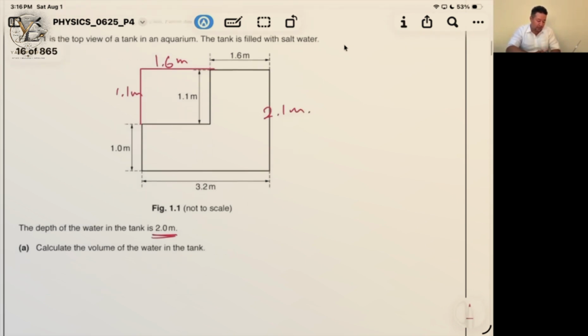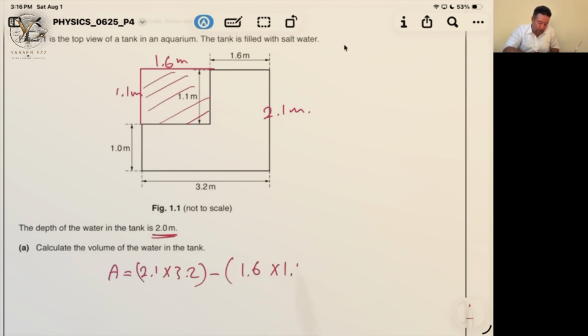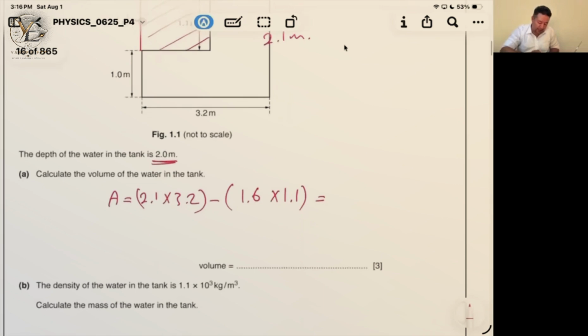It will give us the area. So the area equals 2.1 times 3.2, the total area of the large rectangle, minus this part, which is 1.6 times 1.1.